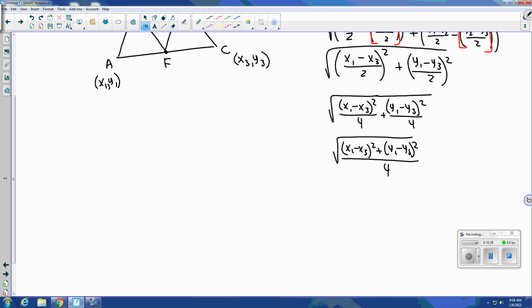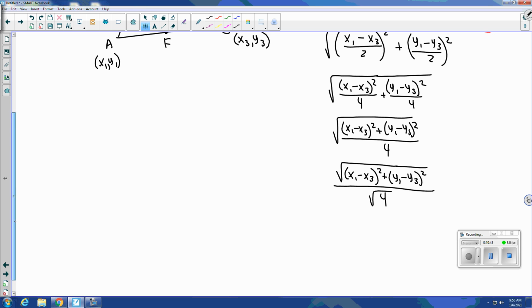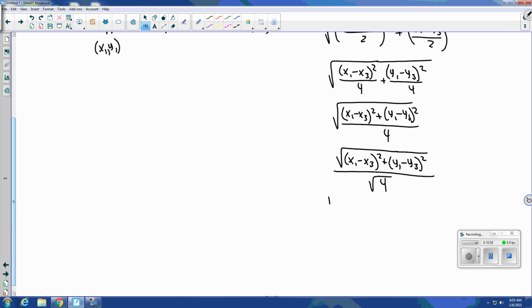Square root properties tell me I can split this into the square root of x1 minus x3 squared plus y1 minus y3 squared all over the square root of 4. And the square root of 4 is 2. And if I bring that 2 to the front, dividing by 2 is the same thing as multiplying by 1/2. So what we can say is 1/2 the square root of x1 minus x3 squared plus y1 minus y3 squared.